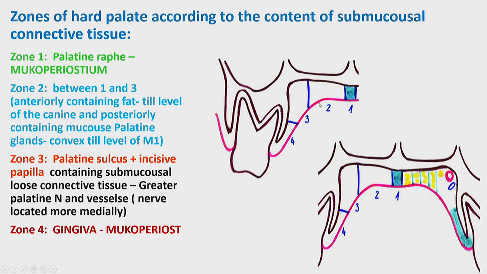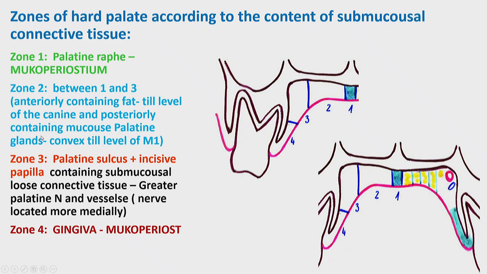Then zone number 2, between 1 and 3. It's an important zone that in the anterior side contains fatty tissue till the level of the canine, and in the dorsal part contains the mucous palatine glands.